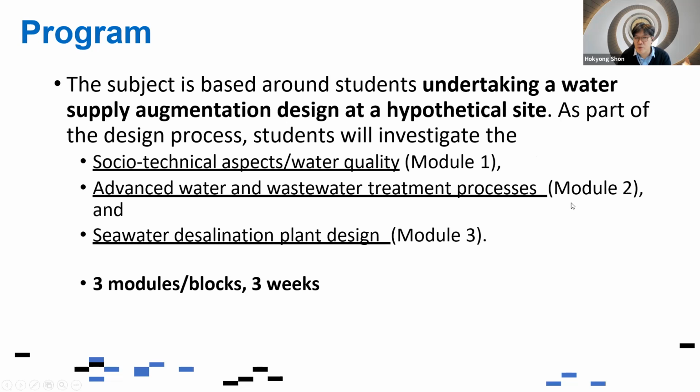So the second module will be how you can compare your conventional wastewater treatment process design and advanced wastewater treatment process design, which is the membrane bioreactor. So how much space you can save, how much more energy you need to design this wastewater treatment plant.